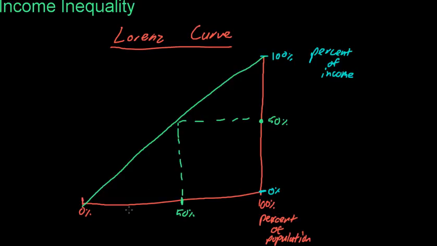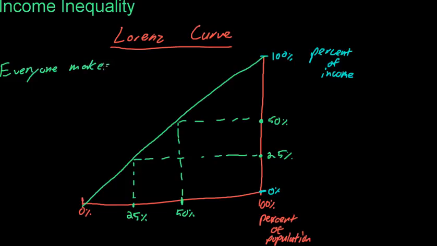Now we'll take 25% over here. So if we go up to the line of income equality and we go over, then we're going to hit 25% over here. And so what this line means is that everyone makes the exact same amount.